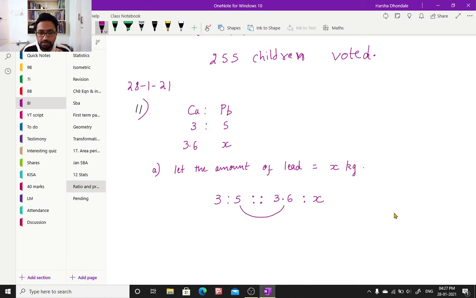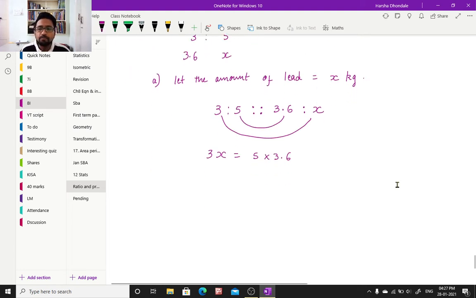Next, 3 into X equals 5 into 3.6. Now X is equal to 5 into 3.6 divided by 3. 3 ones are 3 and 3 twos are 6, so 5 into 1.2 gives you 6.